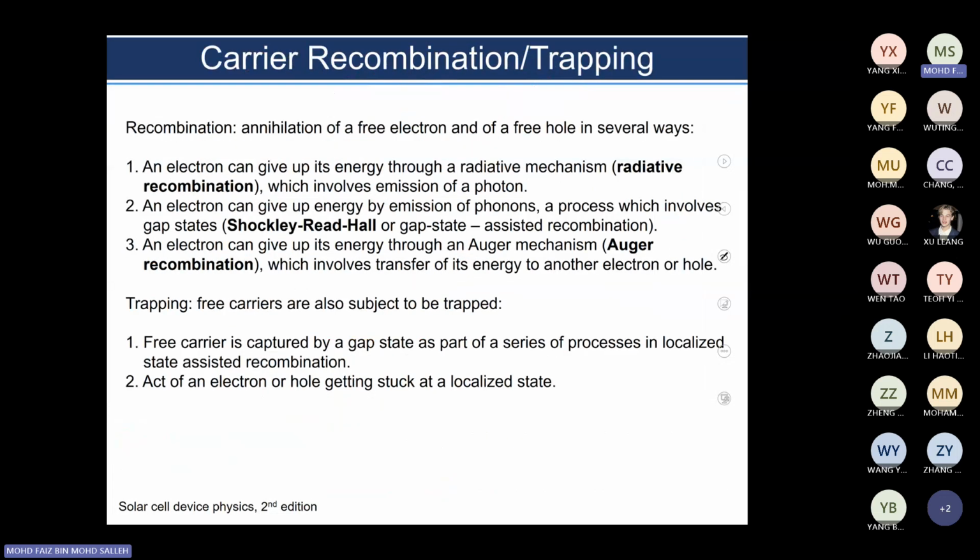Recombination process. We can have 3 kinds of recombination process, but roughly we can divide into 2, radiative or non-radiative. The first one is radiative recombination. The electron can recombine back with the hole.